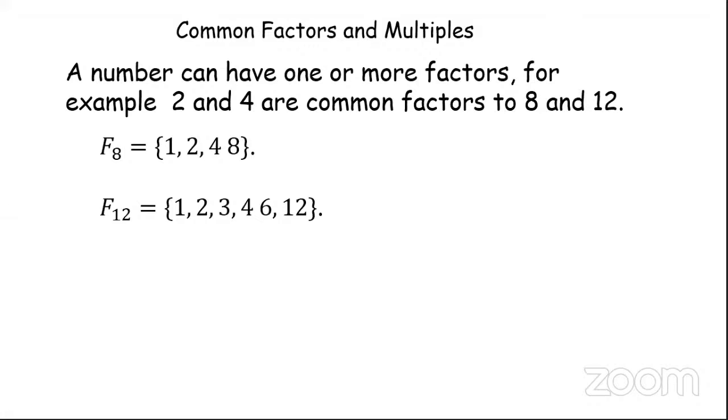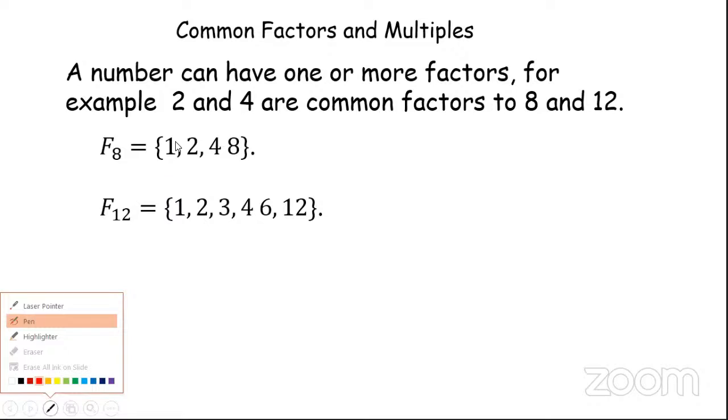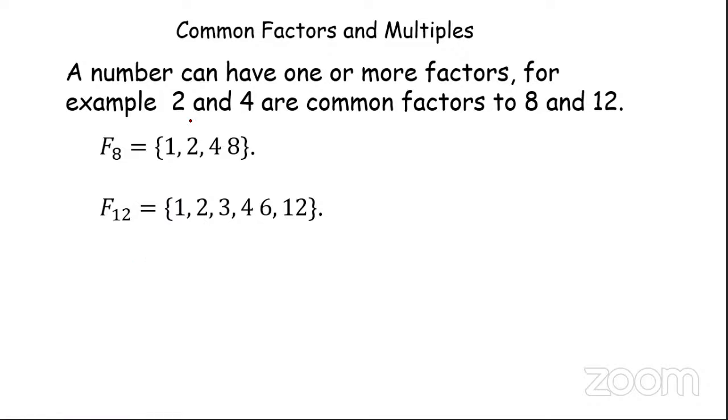So are we seeing some factors appearing in both of them, in both sets? Are we able to see that? Okay. So which ones are appearing in both? 1, 2, and 4.